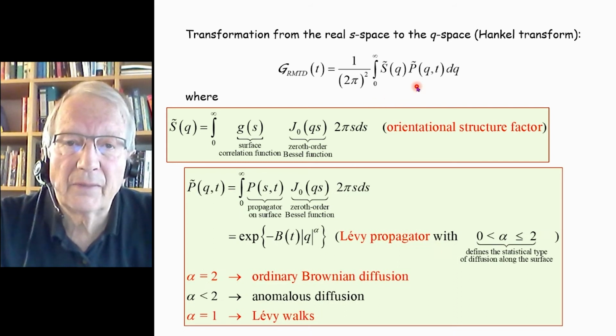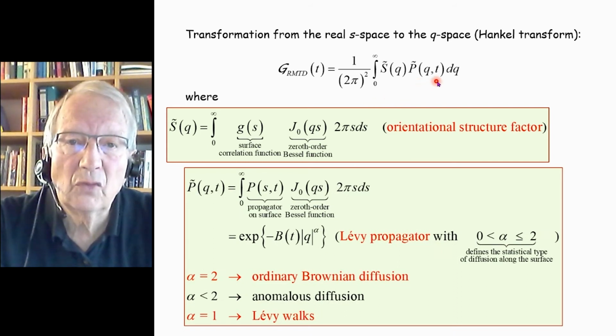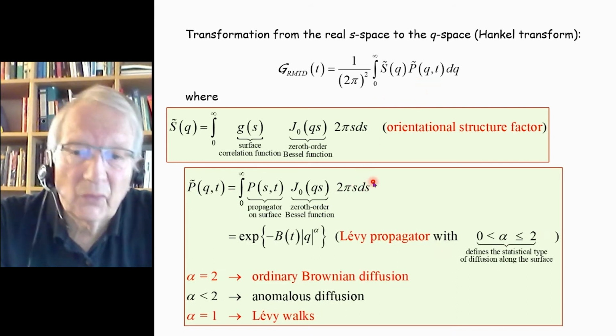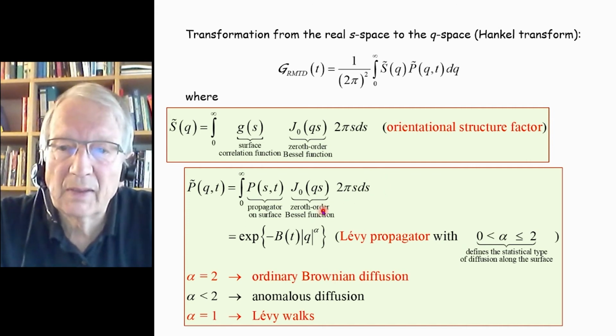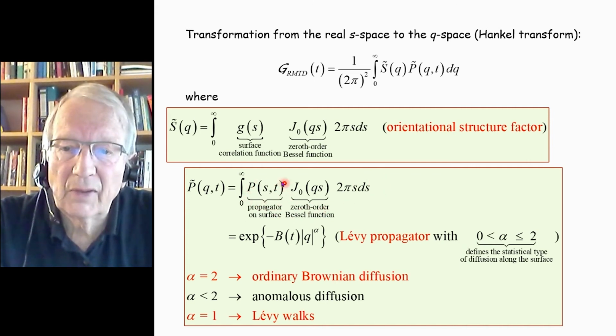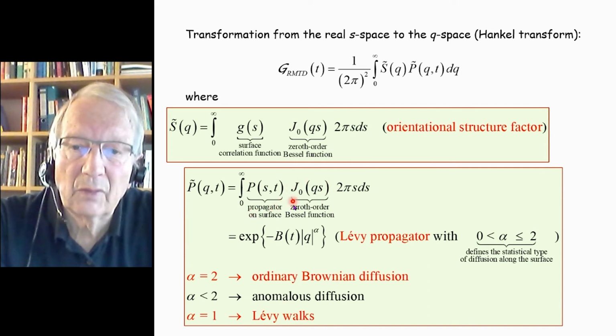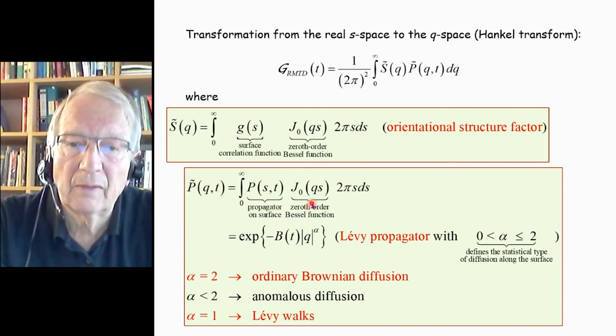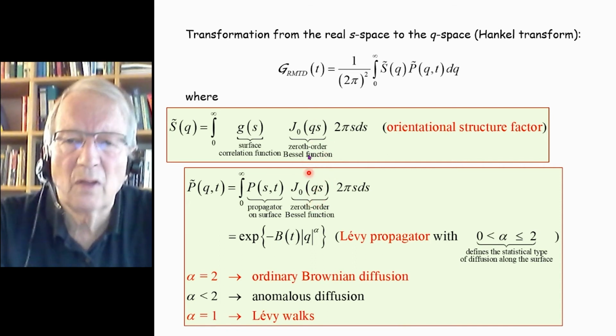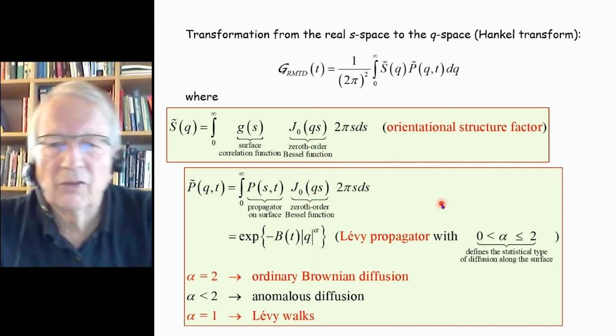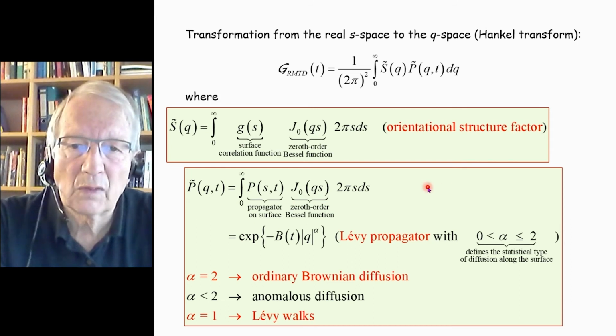And the function P of Q and T, the surface propagator, so to speak, is given by the real space propagator along the surface times the zero order Bessel function again. It's just a formal transformation, which is not so important in this respect.